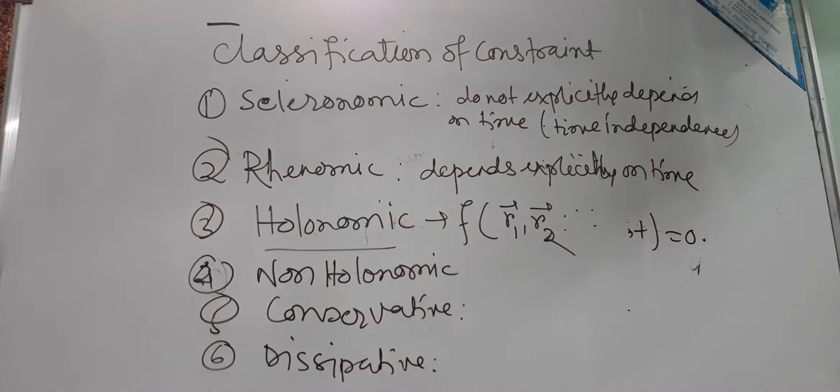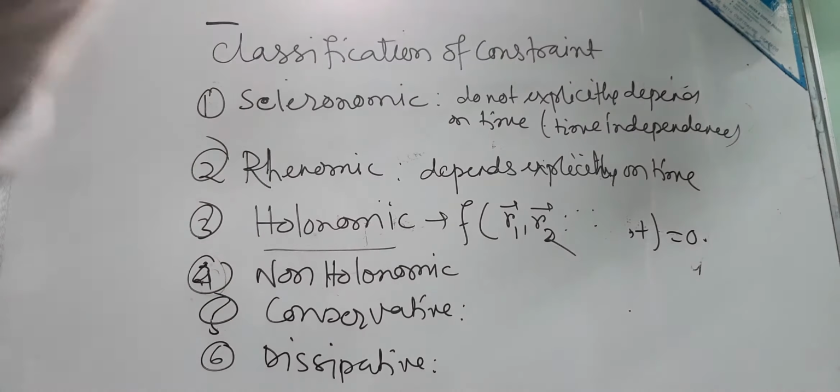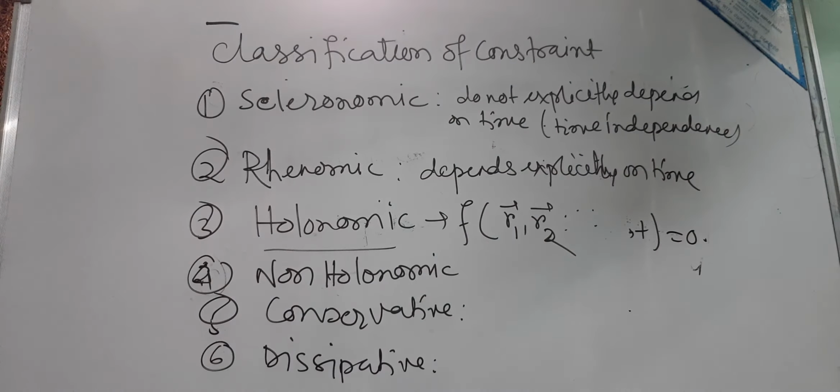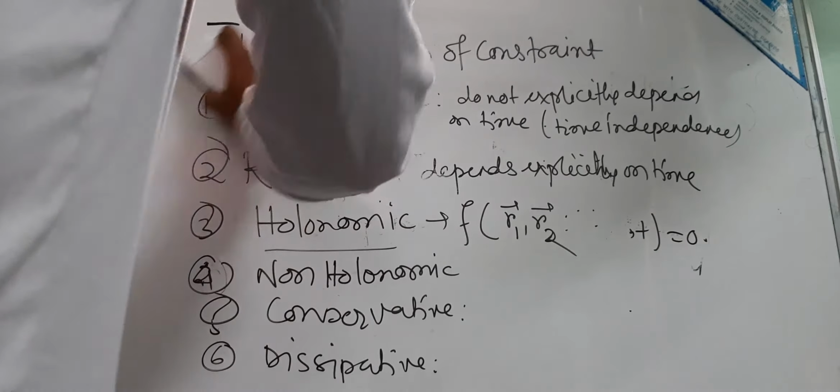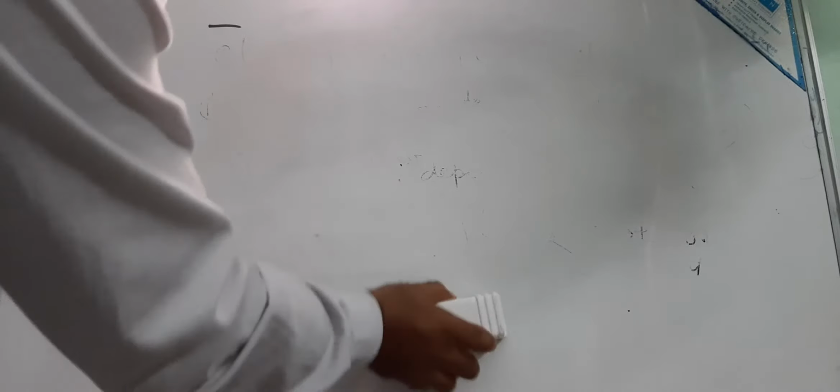So these are the different types of constraints that we will discuss in the equations of motion. I'll give you some examples of the different types of constraints.